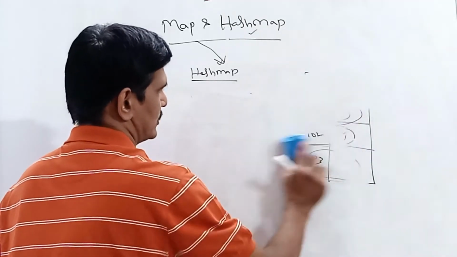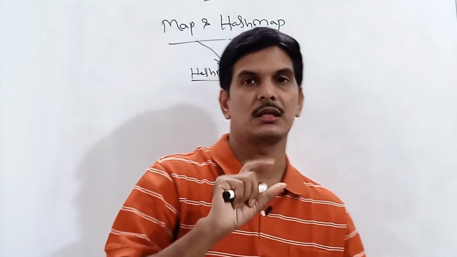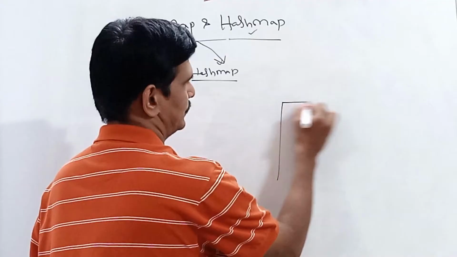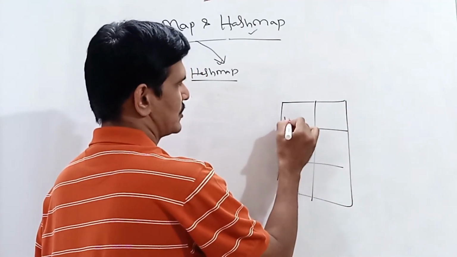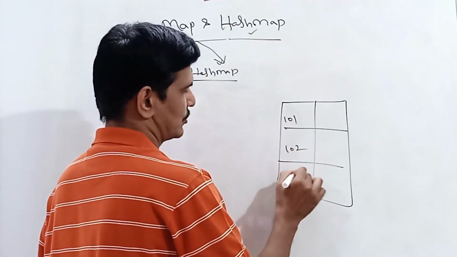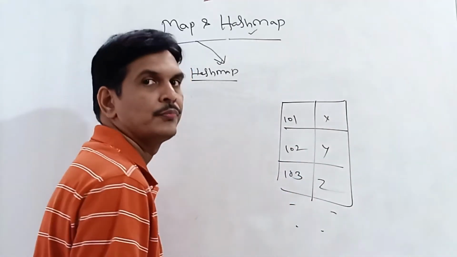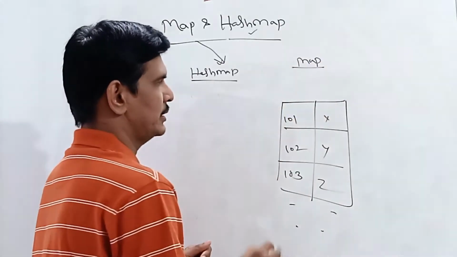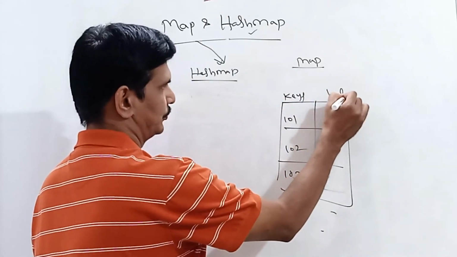So far we discussed the hash map, which contains key value pairs, and every key value pair is called an entry. Let us say I have this hash map and here we have some values, let's say 101, 102, 103, X, Y, and Z, and so on. This is completely one hash map or map object, and these are all keys and these are all values.